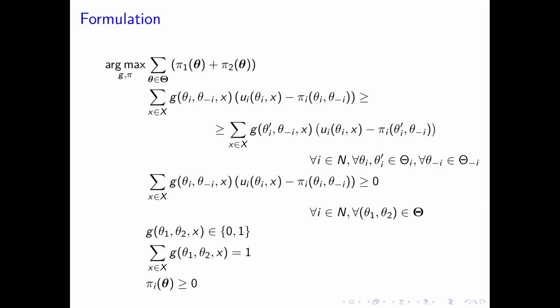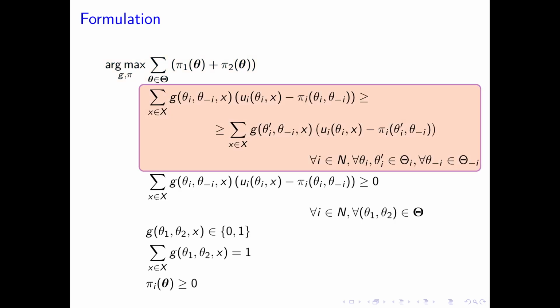The problem can be modeled with the following formulation. Suppose the designer wants to maximize the sum of the payments she gets from the two players across all possible pairs of reported types. Notice that this makes sense since payments are always greater than or equal to 0.